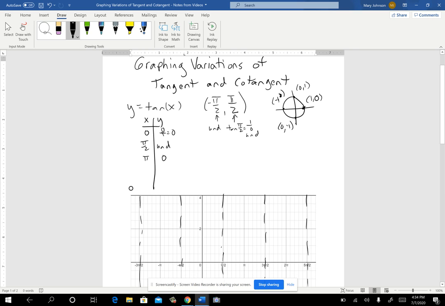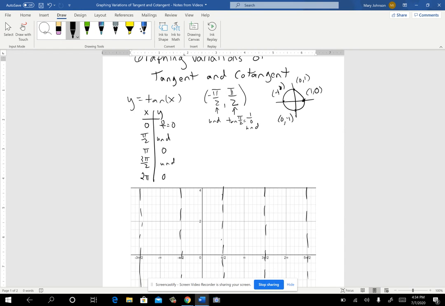We don't need to go a whole lot past that because we're really not going to go that far. But I thought I'd remind you what happened in those normal ones we use. We don't typically use these for tangent because one complete section of tangent happens between negative pi over 2 and pi over 2.